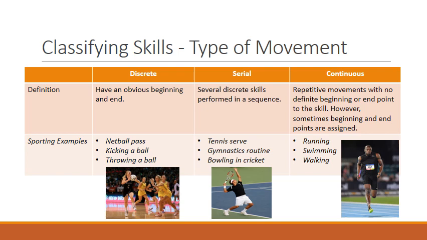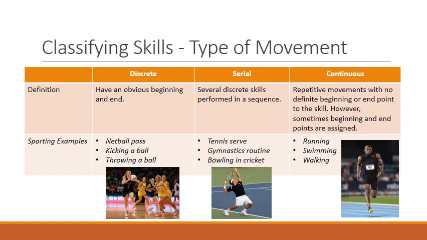It's almost like one movement, and you know when it starts and you know when it stops. So if you pass a netball, a chest pass from one person to another, that's a discrete skill. You start the movement with the ball at your chest, the movement's completed when the ball leaves your hands. Same as kicking a ball. You start the skill as the ball hits your foot, you finish the skill as you've kicked it. Throwing a ball. So discrete skills, clear beginning, clear end.